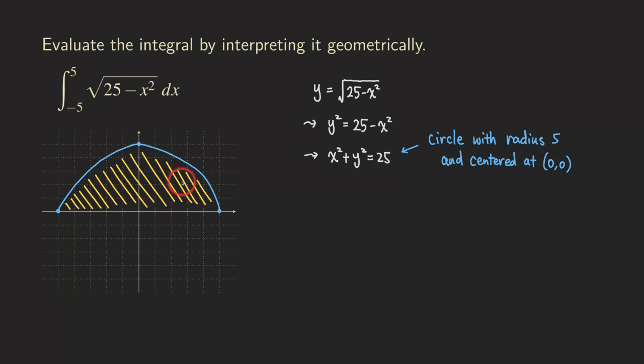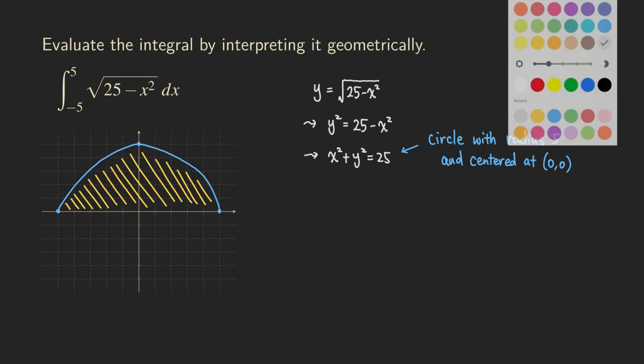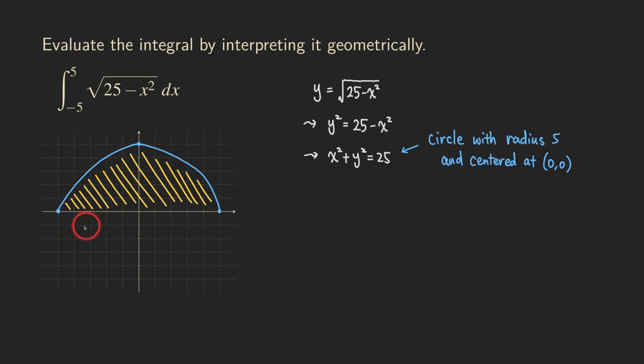And how do you find the area for a half disk? You just use the area formula for a circle, and then you multiply by 1/2, right? The reason why we go from -5 to 5 is just based on the limits. So we get -5 right here, and the other number is just 5.